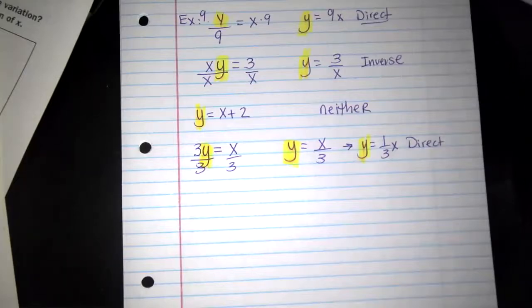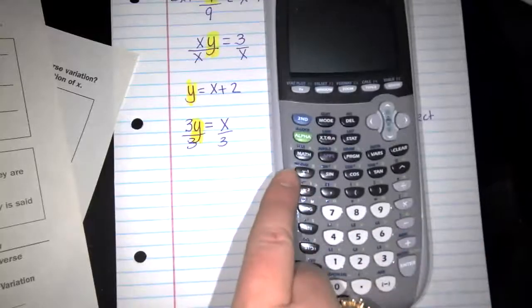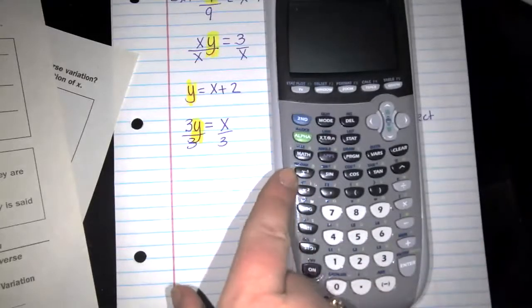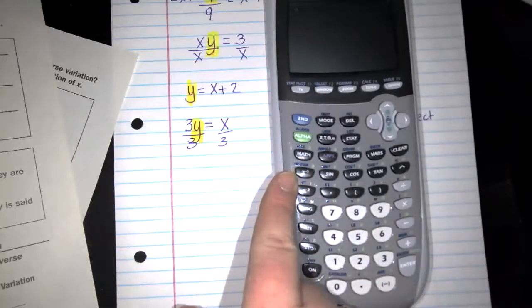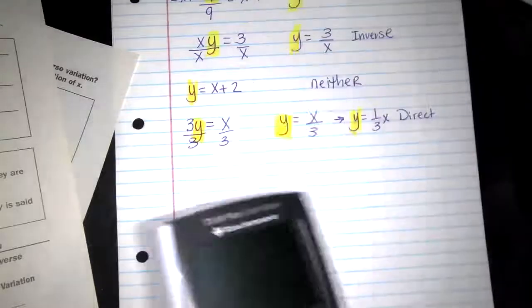So when you have on your calculator the x -1 button, that's the inverse button. That takes any number and flips it over itself. So think about it. The x is flipped over itself.